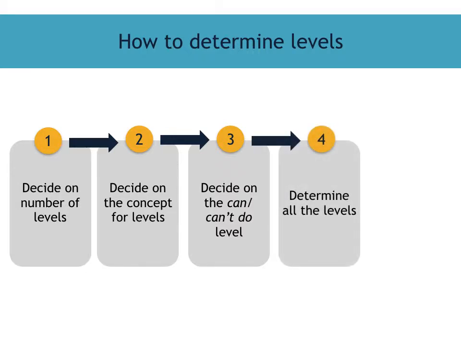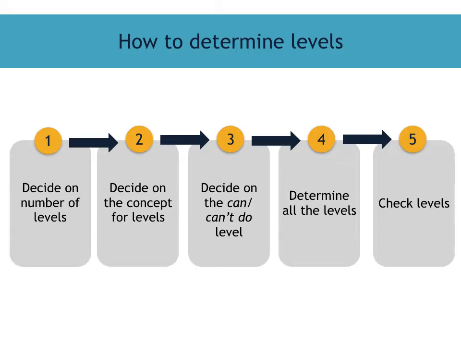Then determine all the other levels. So once you've developed the can and can't do level, then determine all the other levels. And then most importantly, check your levels. Check that they do stand independently of each other, and that there's a clear distinction between the different levels, so you can allocate a mark or an assessment to that.